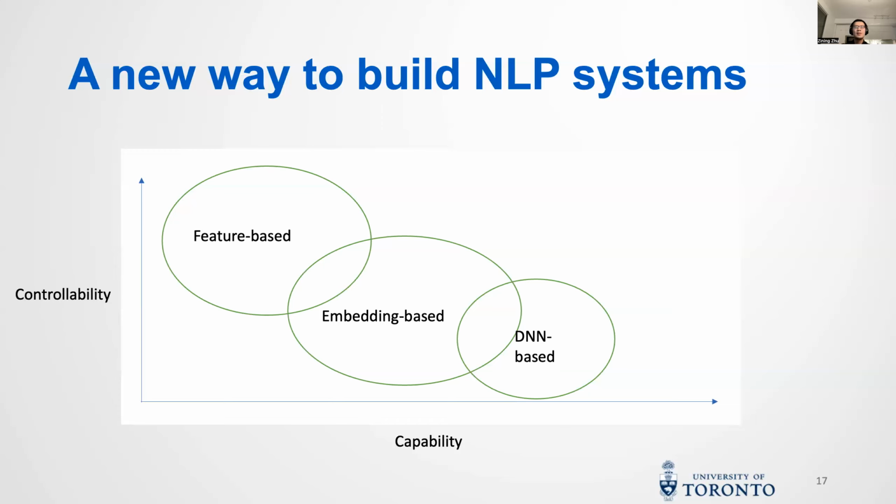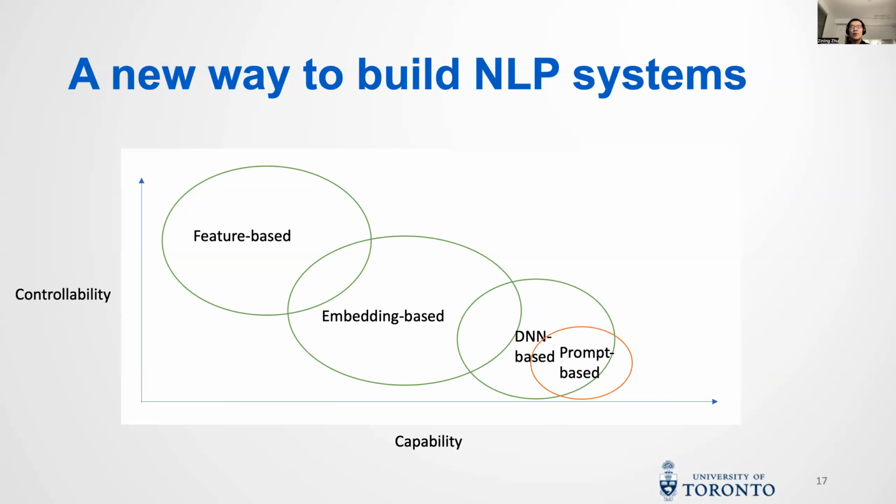So where are the prompt-based systems on this graph? I think the prompt-based systems are here. They start to show some capabilities that exceed the deep neural network-based systems, but their controllability is even less. In the future, researchers on prompt-based systems could potentially increase both the capability and the controllability.